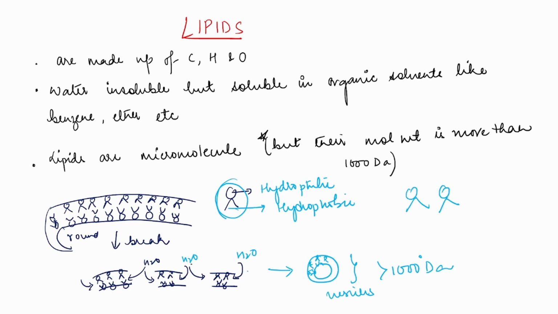But they are actually micromolecules. Why? Because we cannot separate them individually, right? They always tend to remain together and arrange themselves into a circular format so that they do not get exposure to water, right? So that is all about the definition.